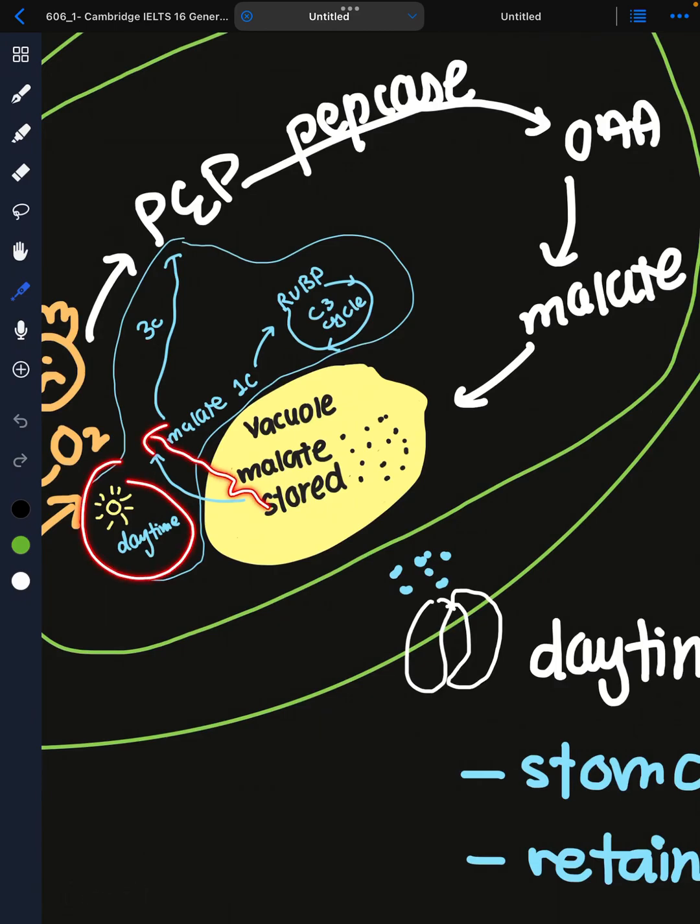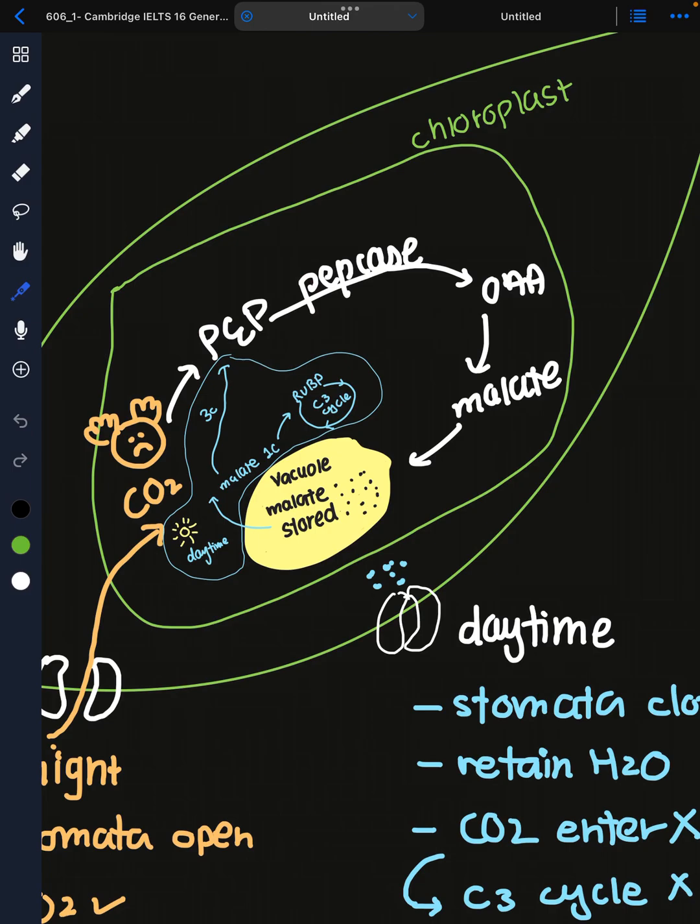During the daytime, this malate is released. It is decarboxylated, and one carbon is going to go to the C3 cycle, which is happening in the stroma of the chloroplast, while the rest of the carbons are regenerated into PEP, phosphoenol pyruvate.